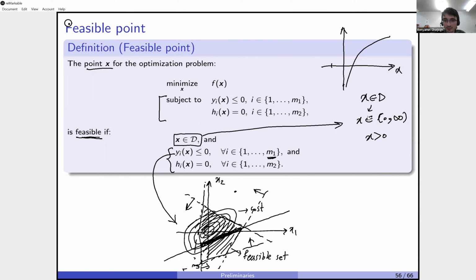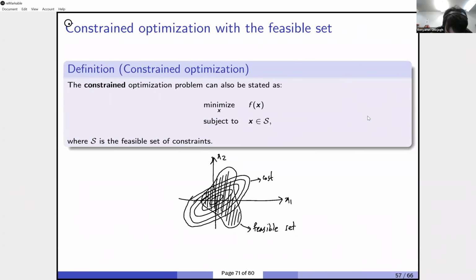Now, let's go to, okay, here. So the constrained optimization can also be written in this way. If we integrate all of the constraints in the set S, do you remember?